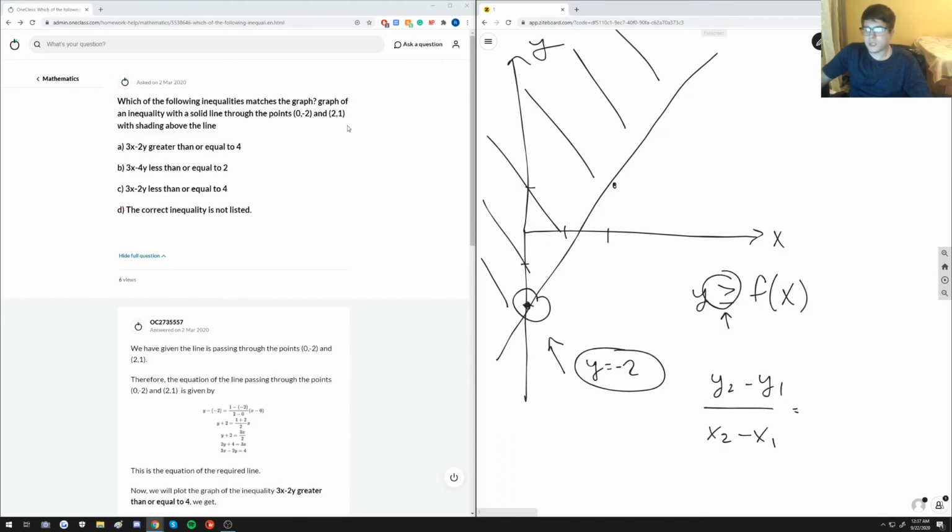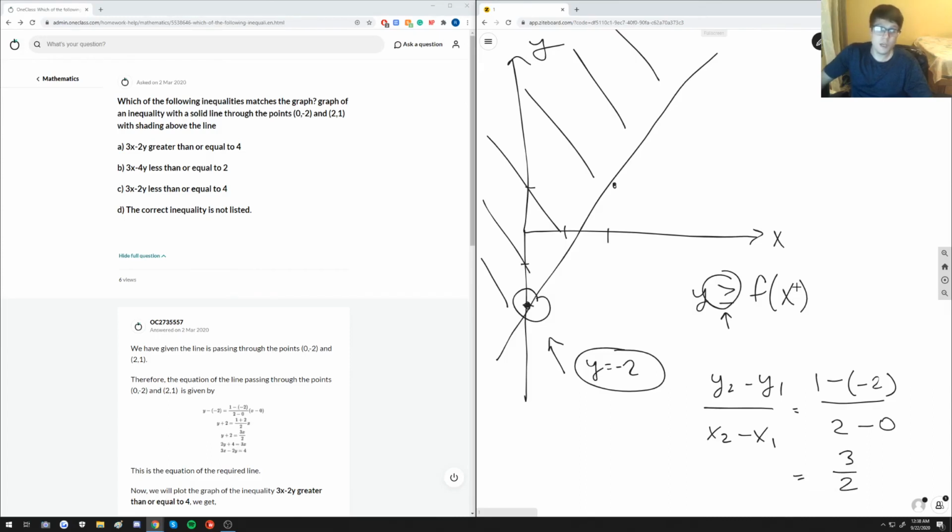We take our 2 to be the second point and our 1 to be this first point. So we have 1 minus -2, the 2 y values, divided by 2 minus 0, and we get a slope of 3/2.